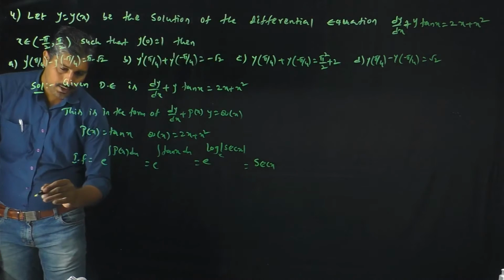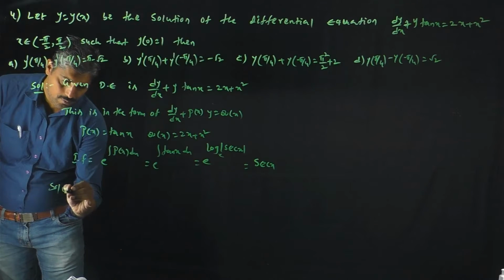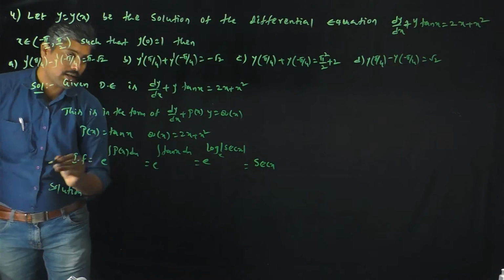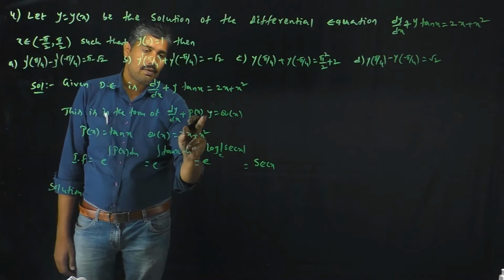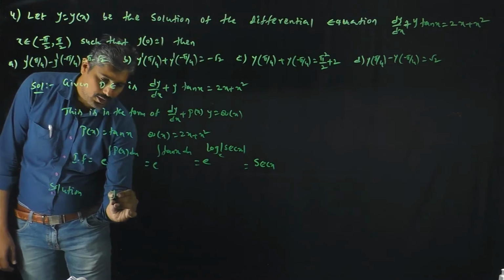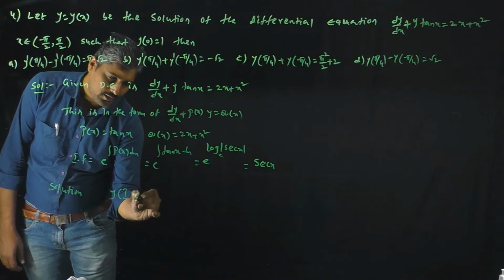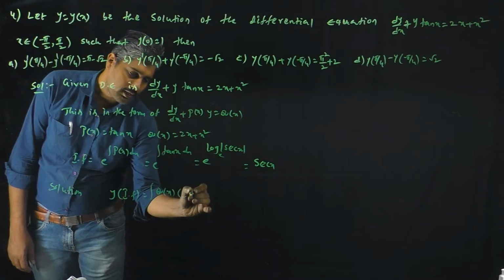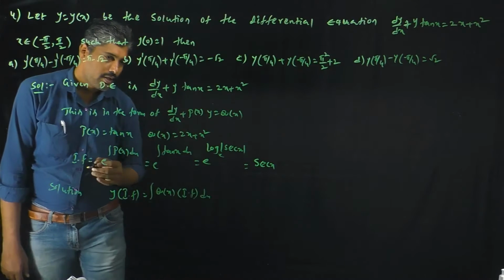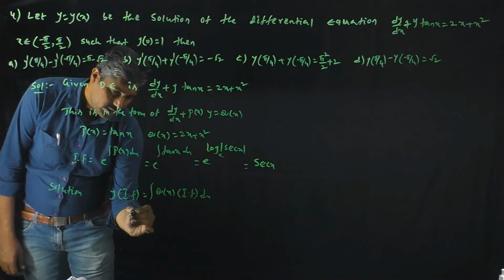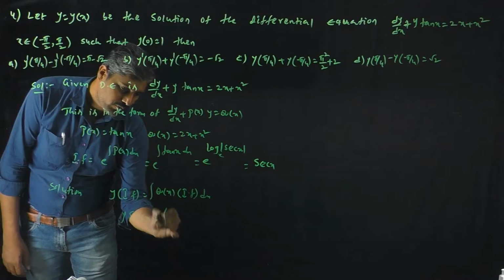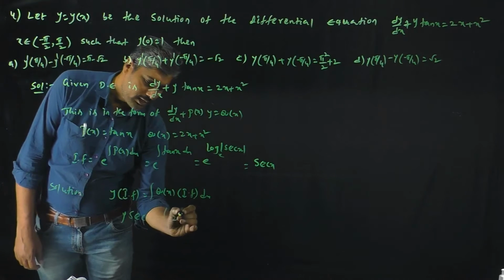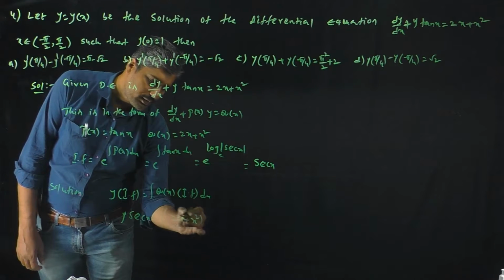Then the solution: this is the linear differential equation in y. That's why y into integrating factor equals integral q of x into integrating factor dx. Therefore, y into secant x equal to integral of 2x plus x square into secant x dx.